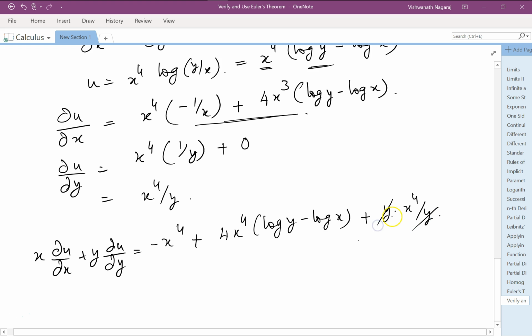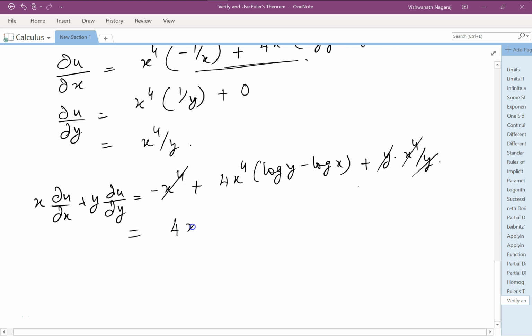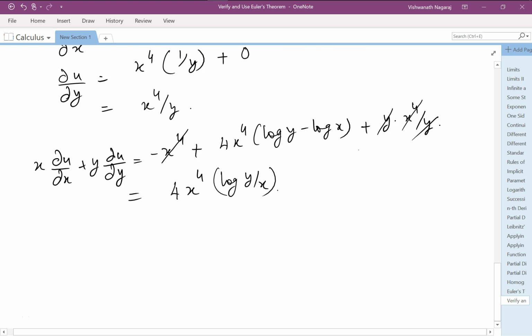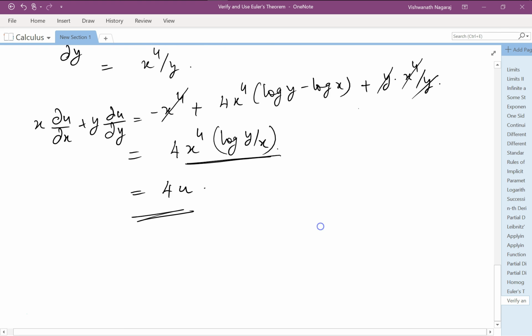So y gets cancelled. Minus x to the power of 4 and plus x to the power of 4 get cancelled. So we are left with 4x to the power of 4 log y minus log x, and we reverse the log rule. Log y by x, so this is nothing but the function u. So 4u, which is what we had to show.